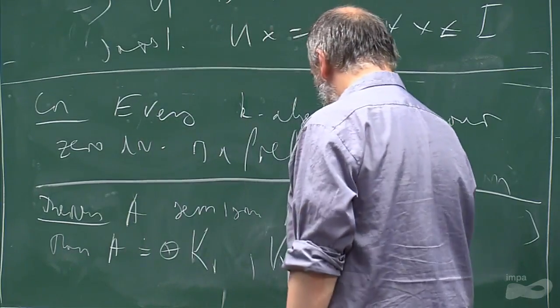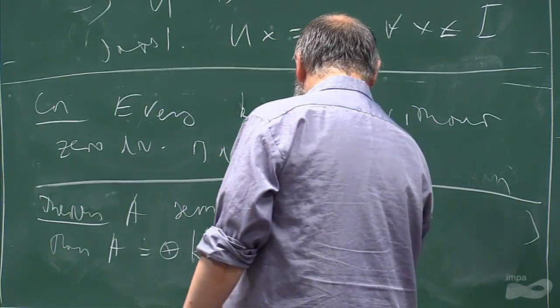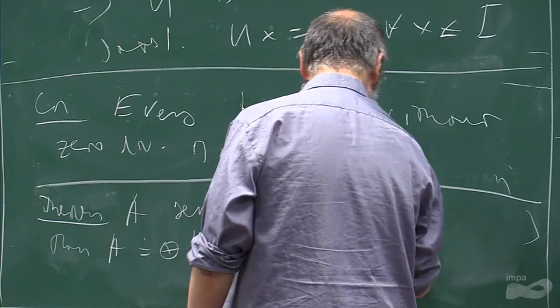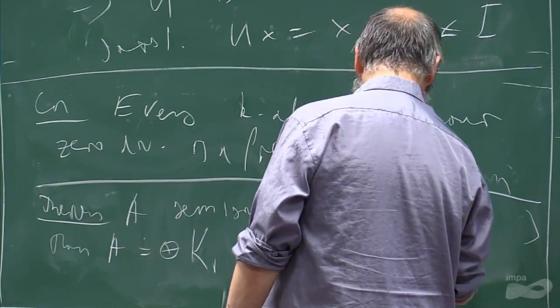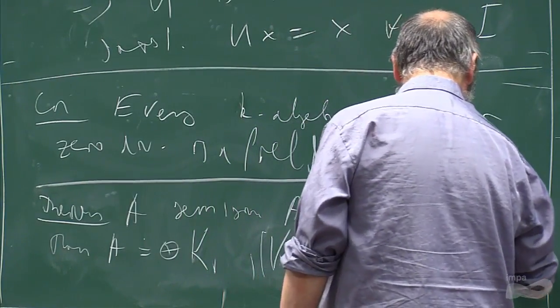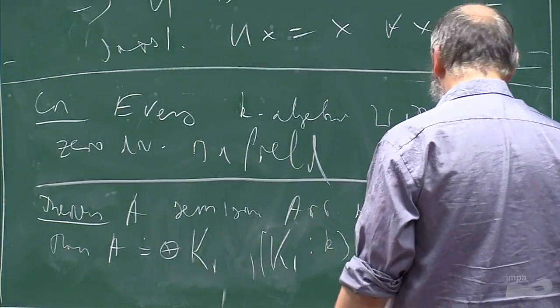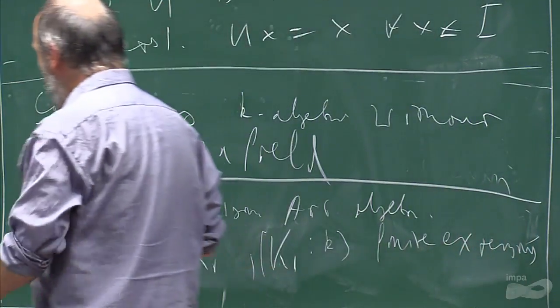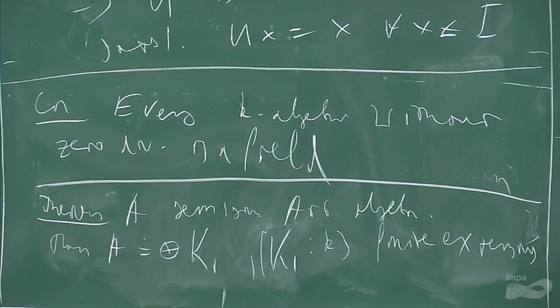So it's an algebra over K, and these are extensions of K. So we obtained this direct sum of fields essentially for free, and the proof is very easy, just based on this observation.